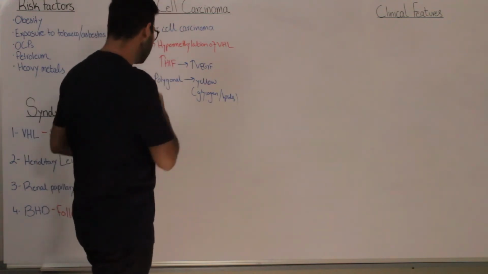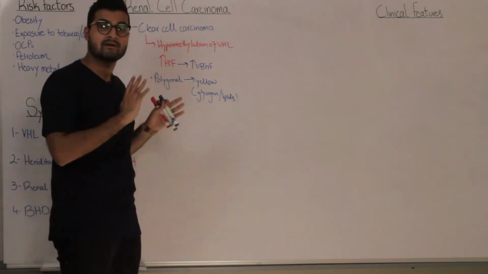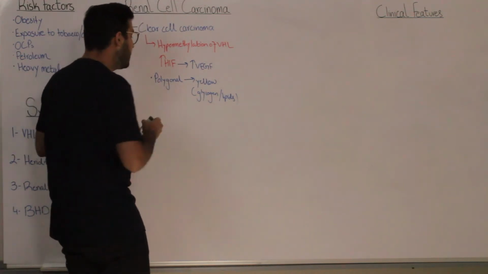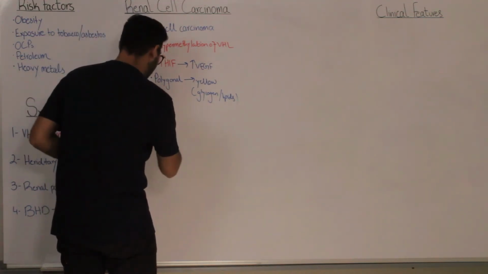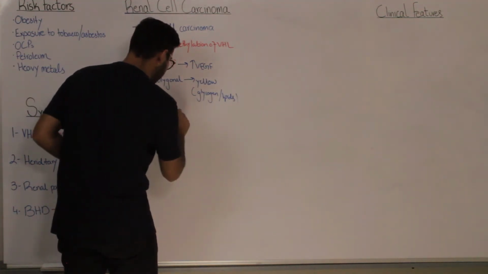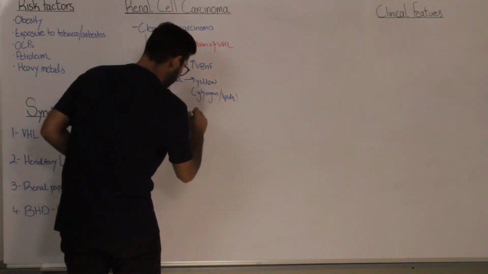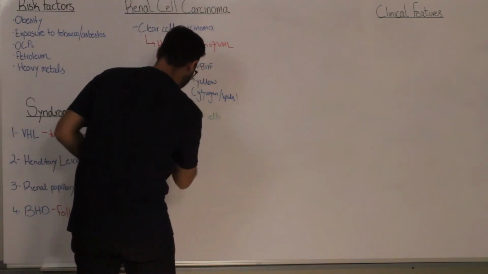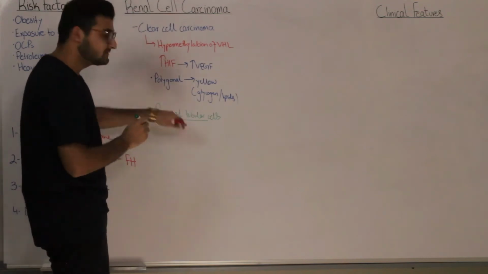Now in the kidney, what are the different areas that get affected by renal cell carcinoma? It predominantly affects your proximal tubular epithelium, so it's going to affect your proximal tubule.